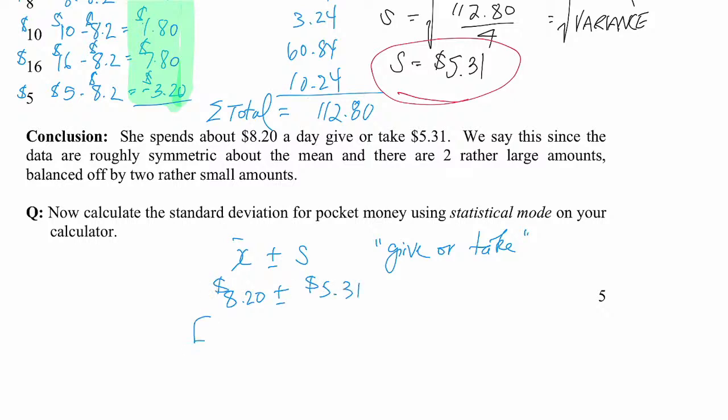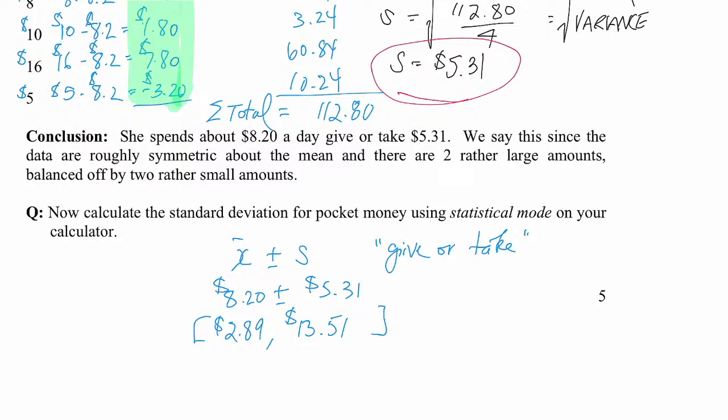So that's an interval of 1 standard deviation. What would be the lower and the upper limits for that? This would be $2.89, and then the upper limit would be $13.51.